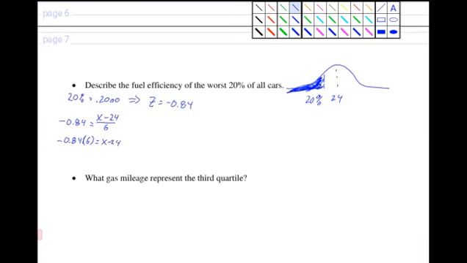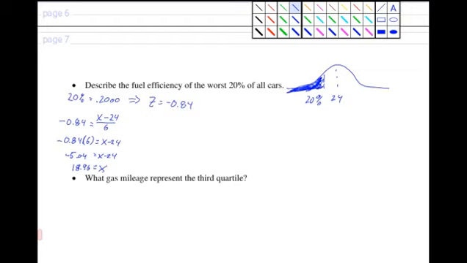You get negative 5.04 equals x minus 24. We add that 24 to both sides, and 18.96 equals x. Okay, so far so good.